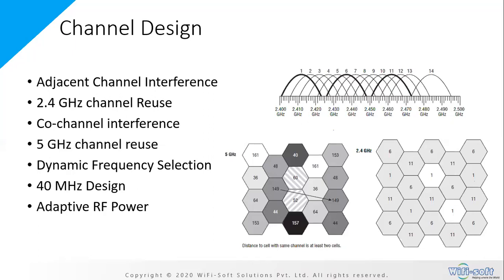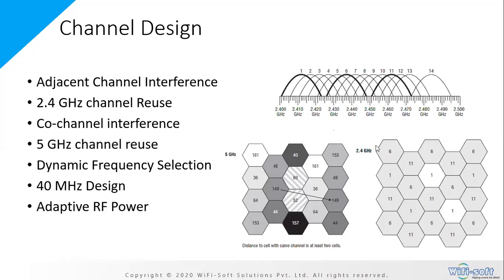But since you don't have unlimited channels, you have to reuse channel 1 across multiple access points. Similarly, channel 6 has to be reused across multiple access points, and channel 11 needs to be reused across multiple access points. Then how will you design your network so that there is no channel interference between these neighboring cells?